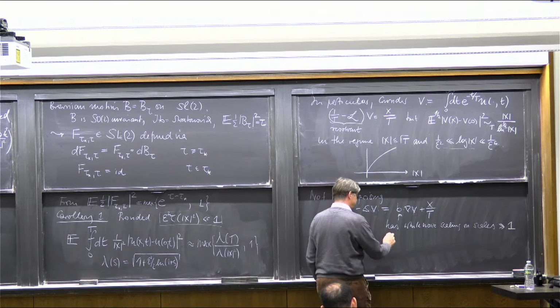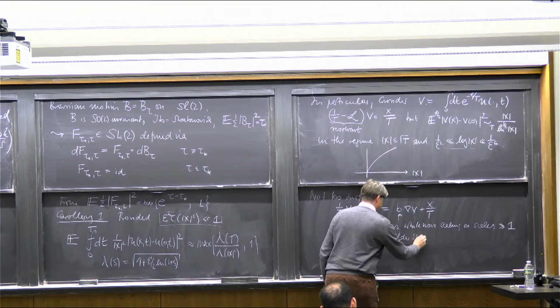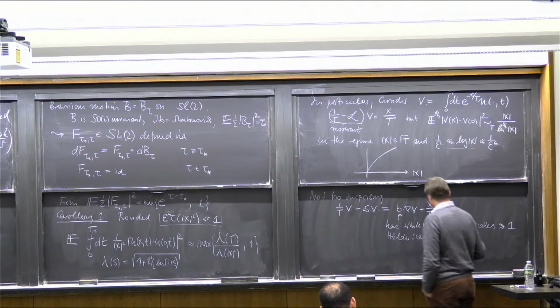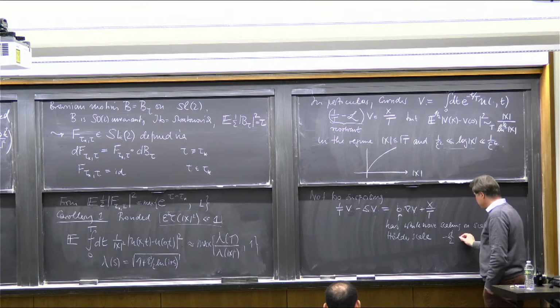White noise behavior means that if you translate it on a Hölder scale, you find that the exponent is minus dimension over 2. Here dimension is just the space dimension, and since we're in 2 dimensions, it's minus 1.